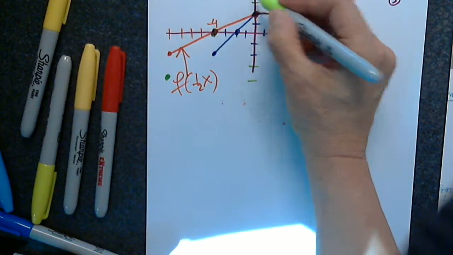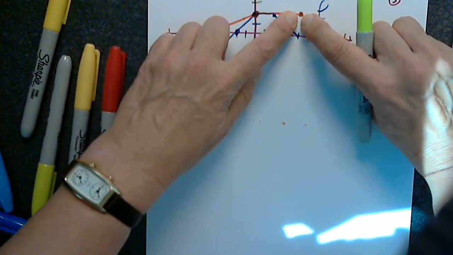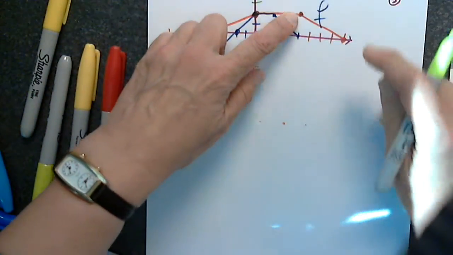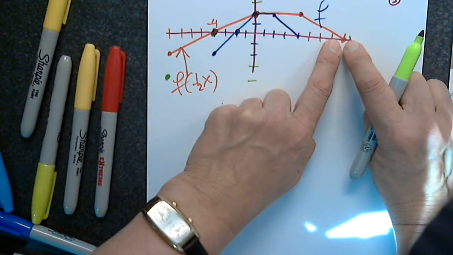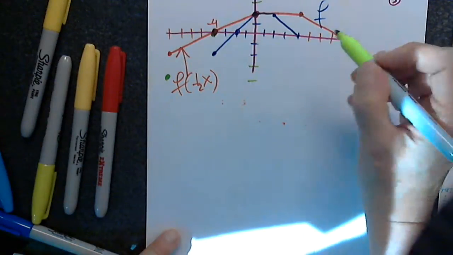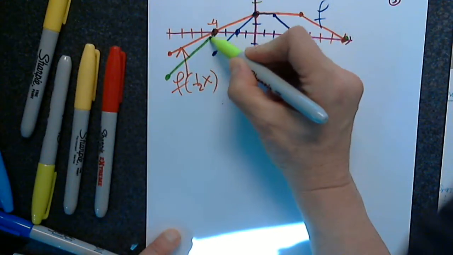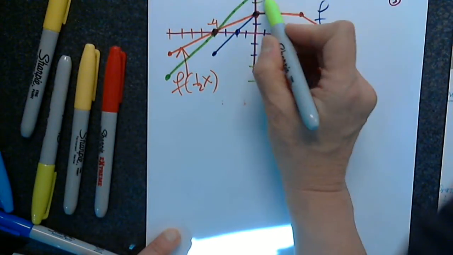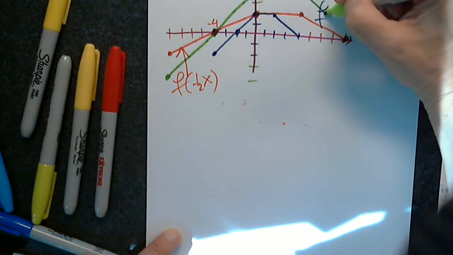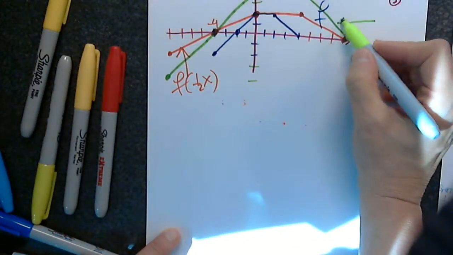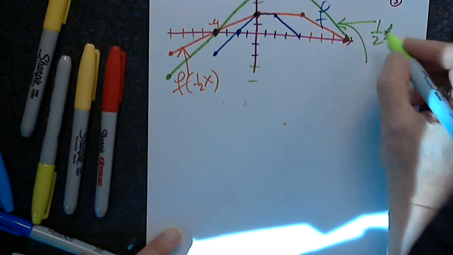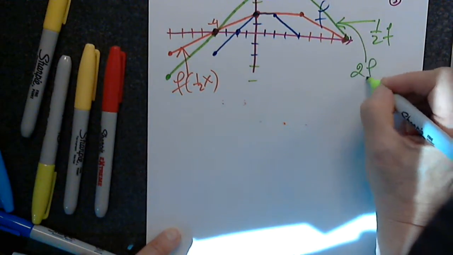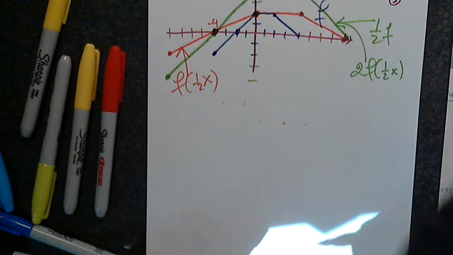Very good. This point has a y value of 2. We'll go to 4. And this point has a y coordinate of 0. Where will it go? So here's the graph. This graph, sorry, I'm going to erase that, is twice f of 1/2 x.